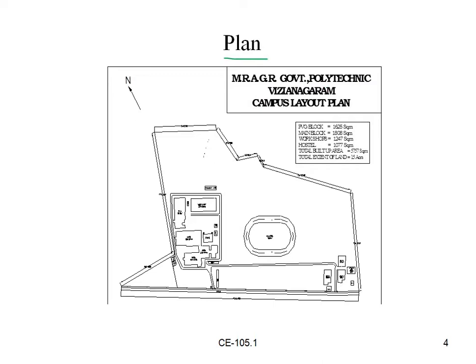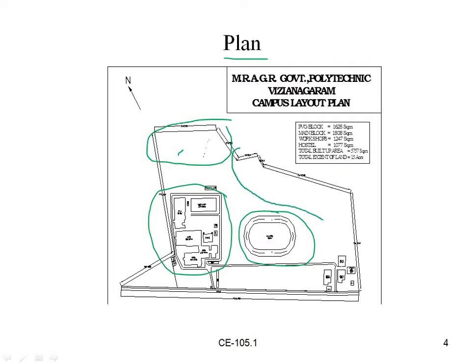This part is the building structure, this part is the plantation, and this is the ground surface. The plan shows the direction of north. This is called the campus layout plan.